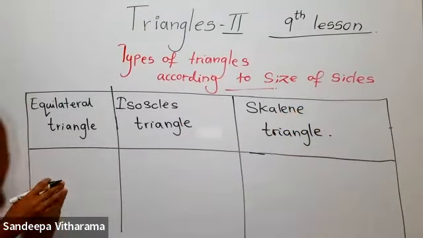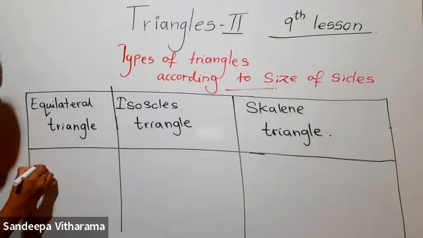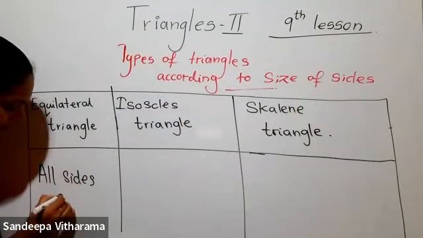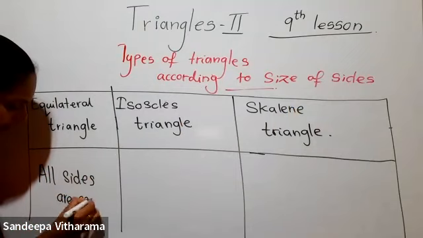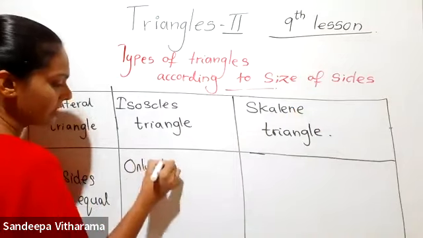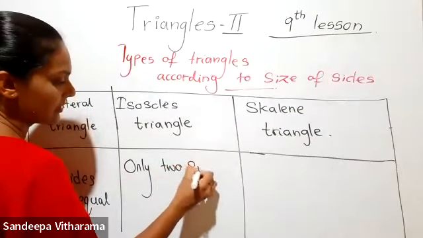Then what is the characteristic of an equilateral triangle? All sides are equal. In an isosceles triangle, only 2 sides are equal.